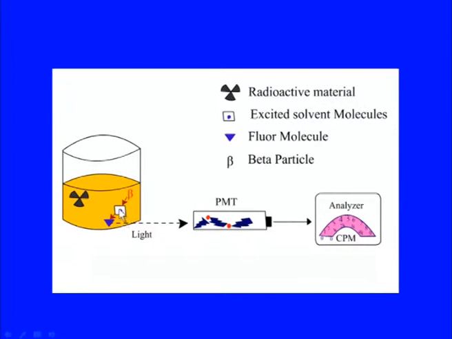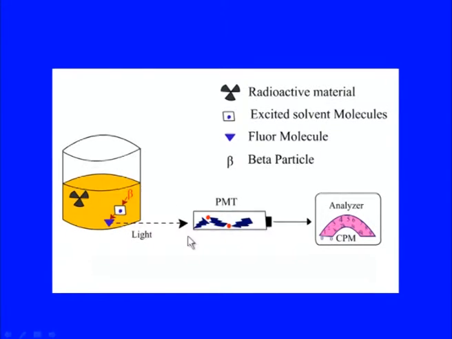This excited solvent molecule on de-excitation will emit photons or light, and they will be taken up by the fluor, which could be one fluor or two fluors. If there are two fluors, one is called the primary fluor and the other is called the secondary fluor. The light goes to the primary fluor and then to the secondary fluor, and the light emitted by these fluors will be taken up by the photomultiplier tube and finally analyzed.